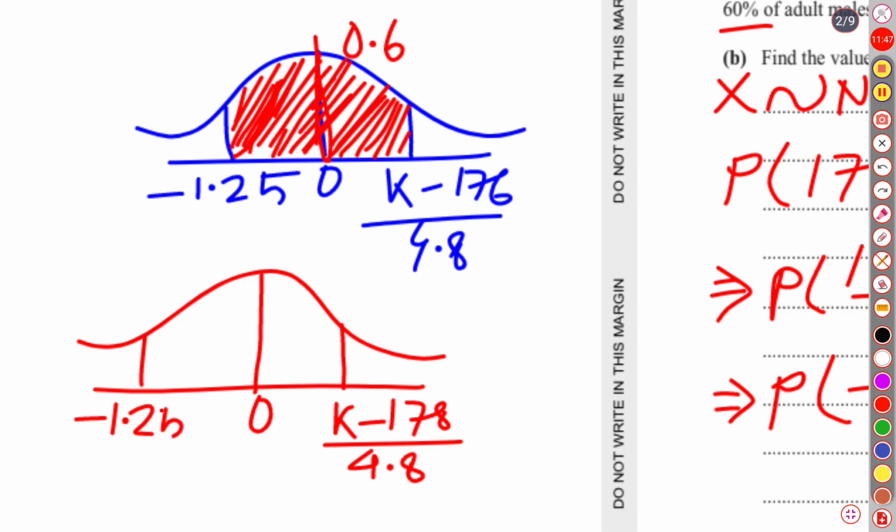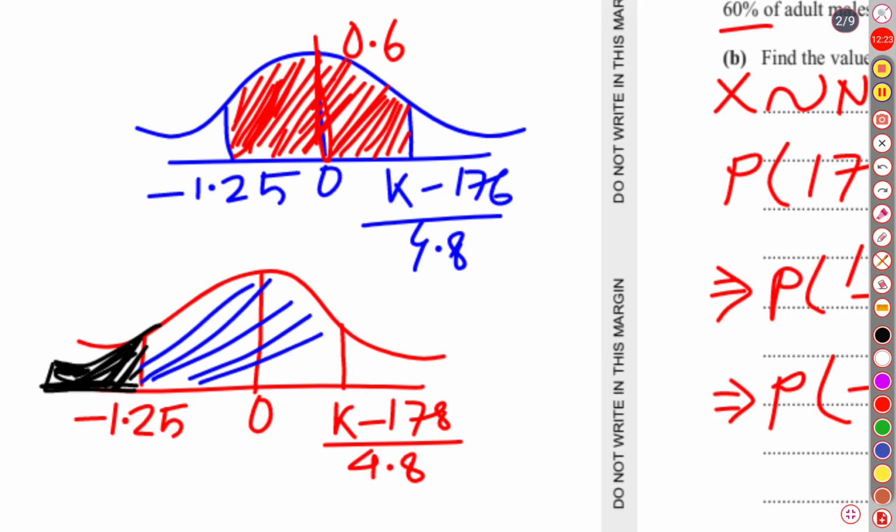Well, the middle portion is our required probability. So what will we do? From the whole probability we will subtract this black portion. This portion should be subtracted from how much? From the whole of this.